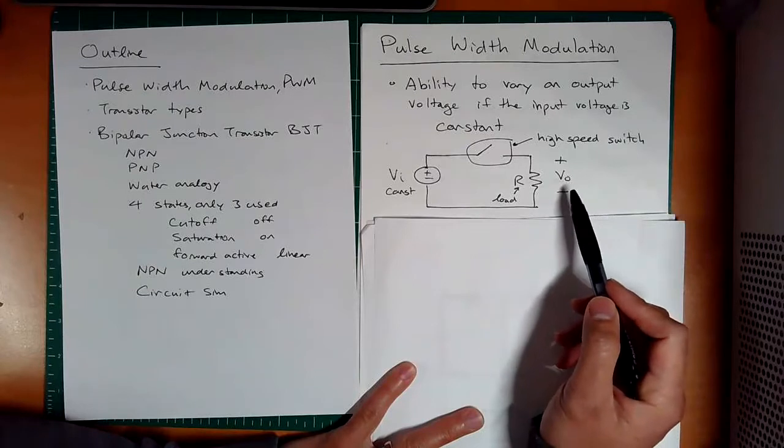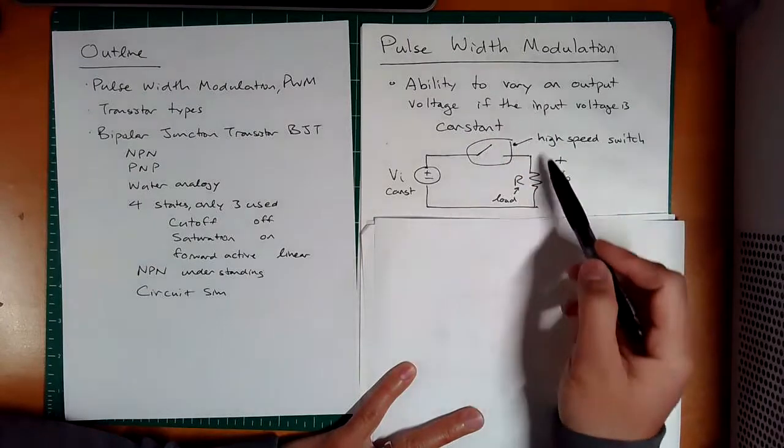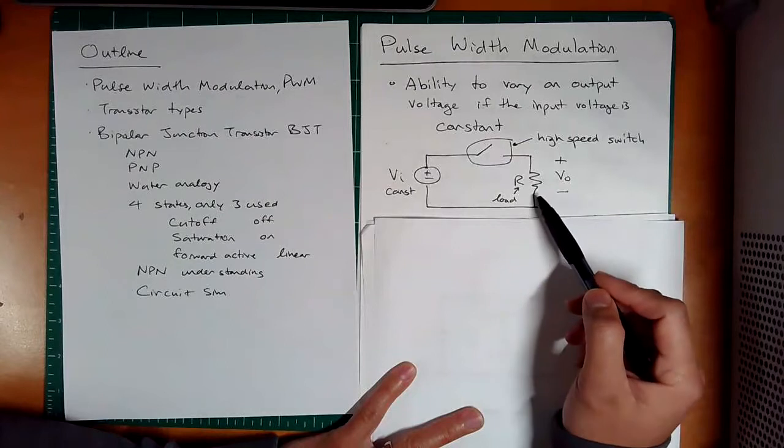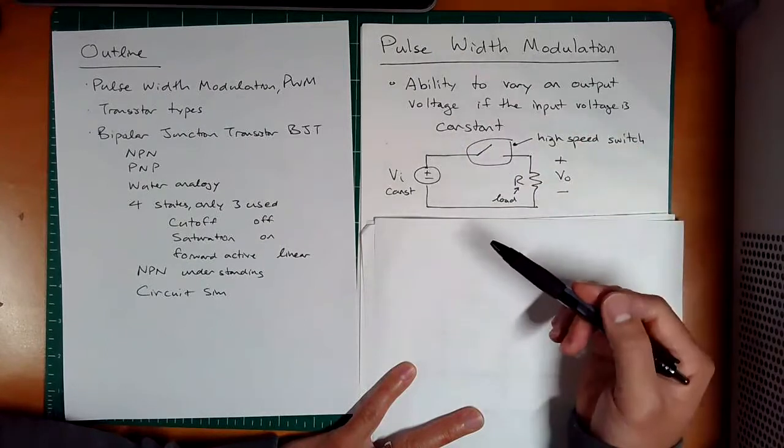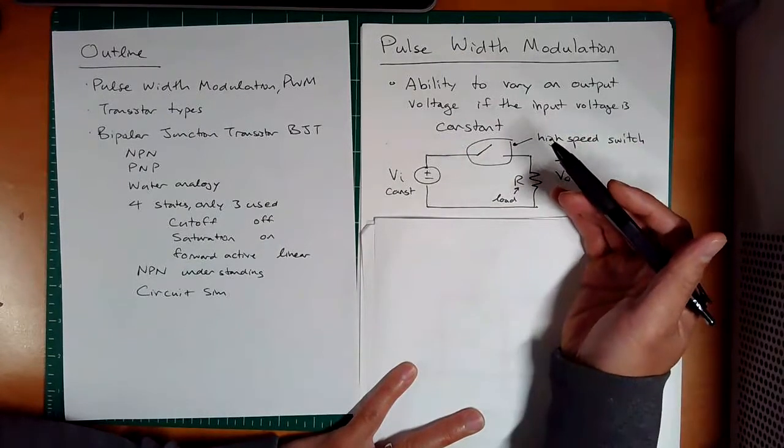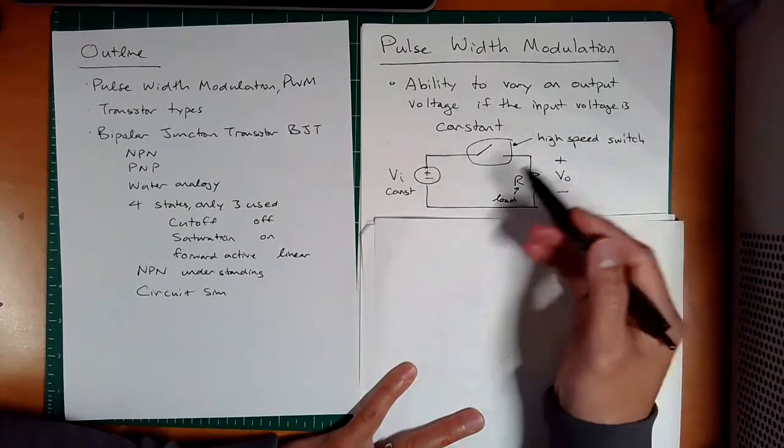And the question is, what if I want something that's variable? What if I want to vary the output voltage here so that I get some selectively desired voltage, or brightness, or motor speed?